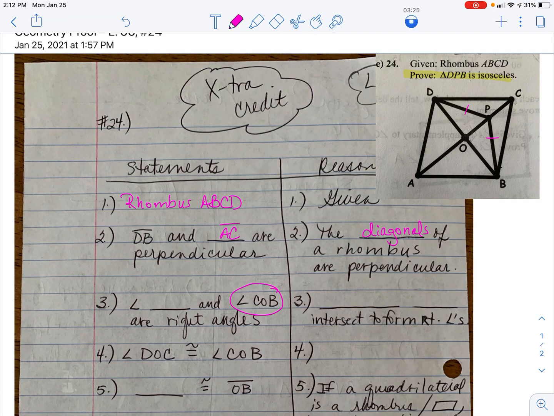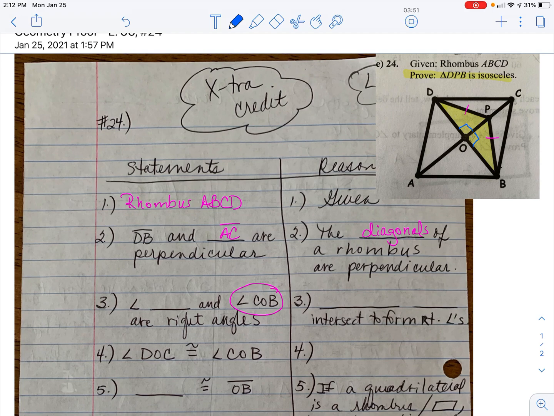So COB is right here. COB, this right angle. And I'm going to focus on the one right next to it, which is DOC, right here. Because remember, we're trying to prove this triangle is isosceles. So I'm going to focus on what I can inside that triangle.